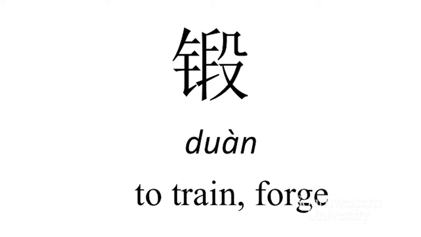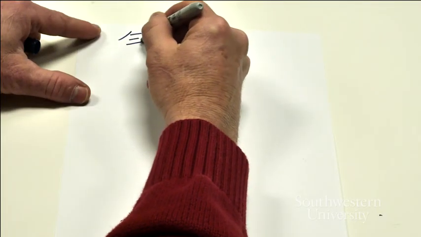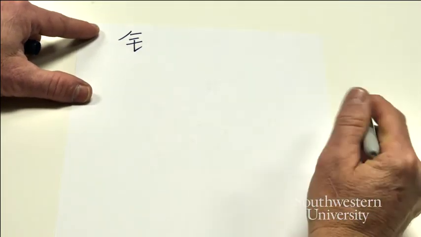The next character has two components. Duan actually originally meant to forge something, like to pound metal into shape.